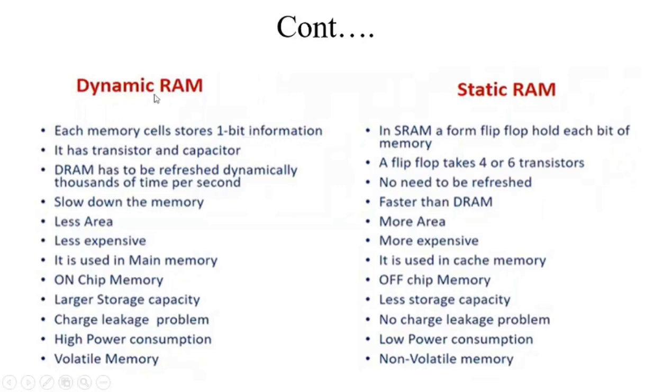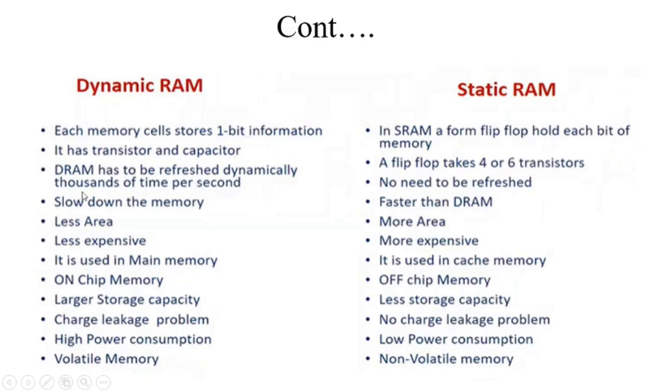It means that in dynamic RAM construction we use transistors and capacitors, but in the static RAM we use 4 transistors. Third, dynamic RAM has to be refreshed dynamically thousands of times per second, while the static RAM need not be refreshed to store the data.